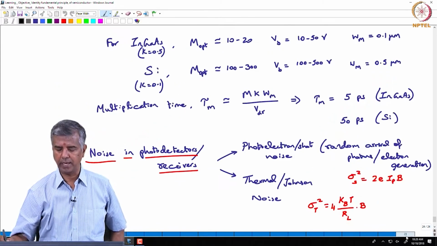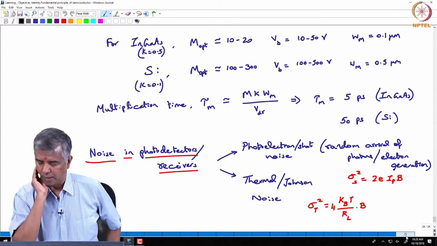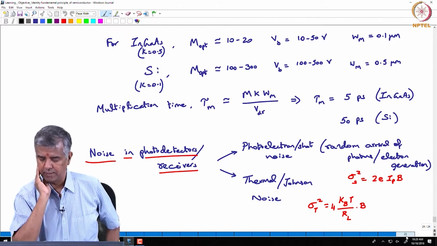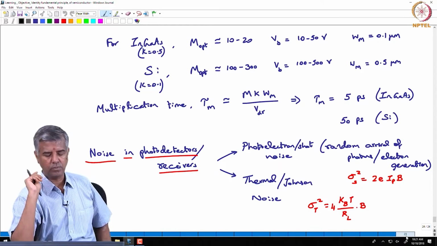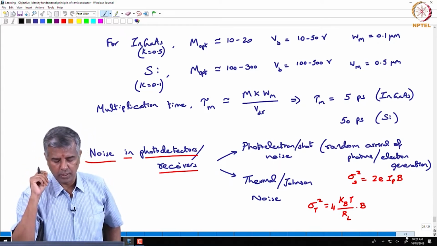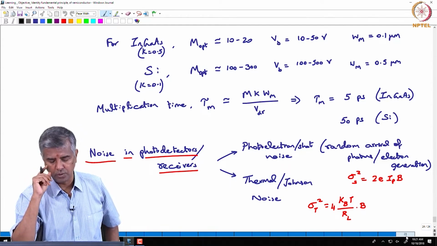So, we considered that, and we looked at some sample numbers for silicon and indium gallium arsenide APDs. Since we started talking about signal to noise ratio, we want to look at what noise means in a photodiode.